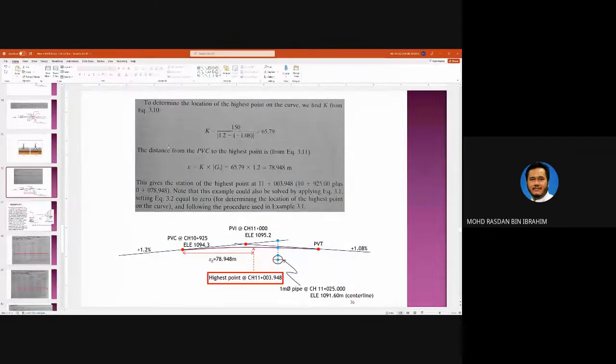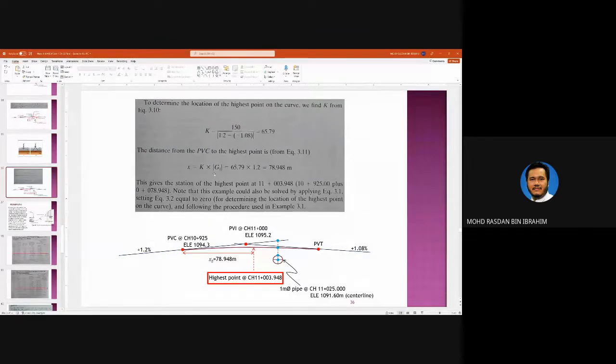To determine the highest point on the curve, we find the value of K. This is L over G1 minus G2. You get a K value of 65.79. Now we use the high and low formula here. You put in the value of K multiplied by the value of G1.